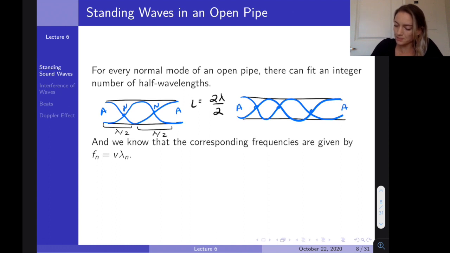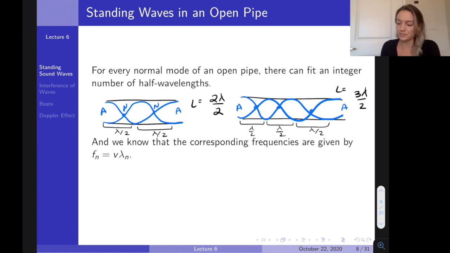So here I have a half wavelength here, a half wavelength there, and this is also a half wavelength, even though it looks a little bit longer. So now 3 half wavelengths is the length of my pipe. Clearly here I can fit an integer number of half wavelengths if I need an antinode at each end.